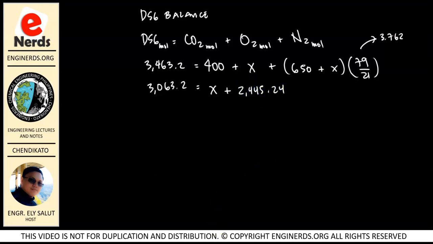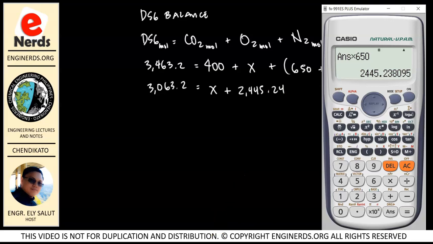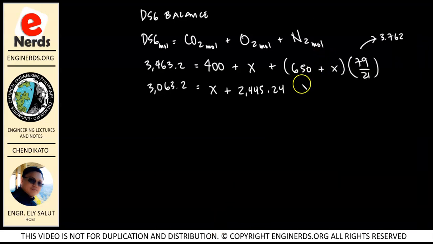Is that right? Let me just confirm. Alright. So, in here we have plus 3.762x. Okay? So, we just distributed that here. Now we have 3,063.2 minus 2,445.24.